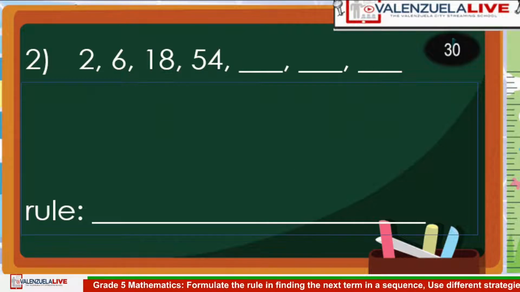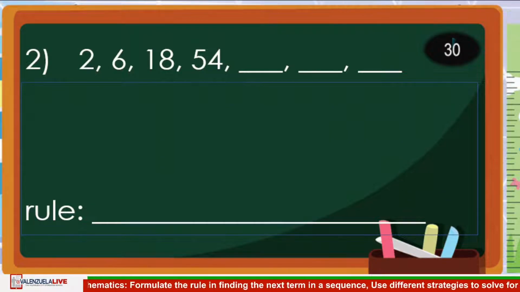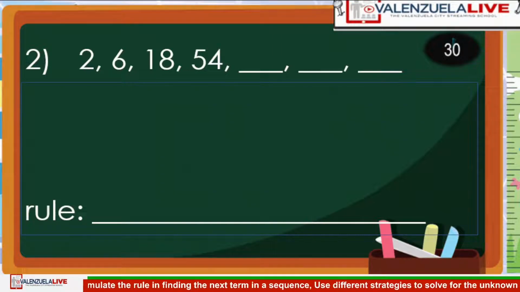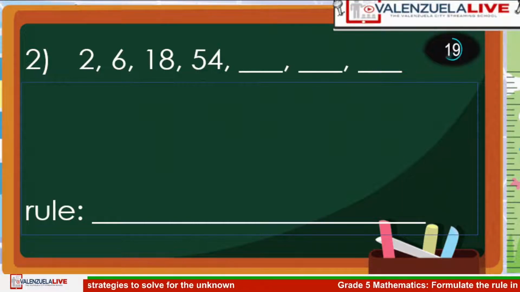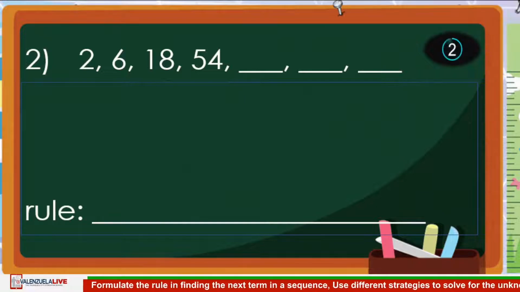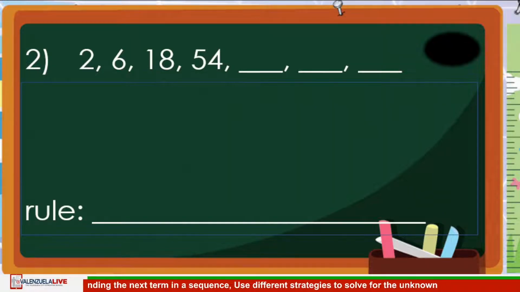For number 2, we have the sequence 2, 6, 18, 54. Find the next 3 terms. 30 seconds. Okay, time is up.